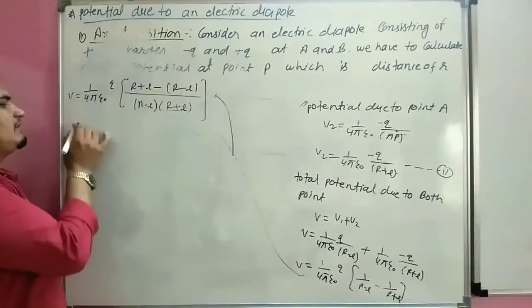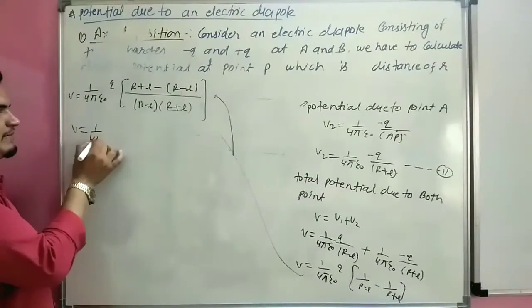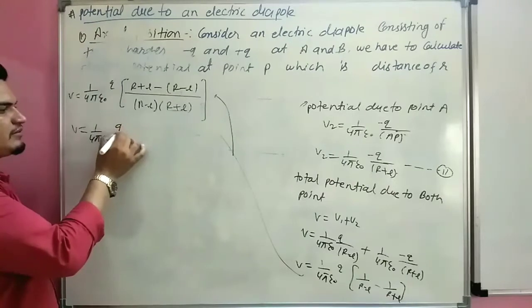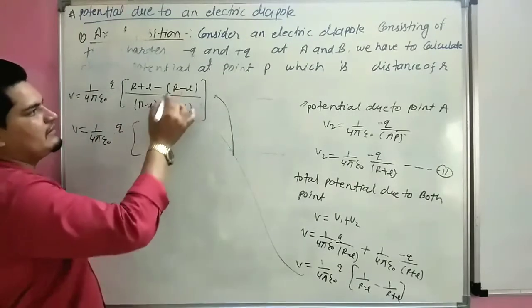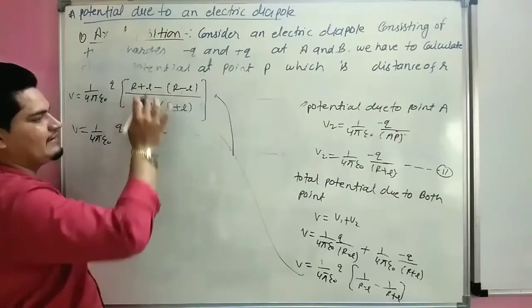So V is equal to 1 upon 4 pi epsilon naught into Q, R plus l as it is.